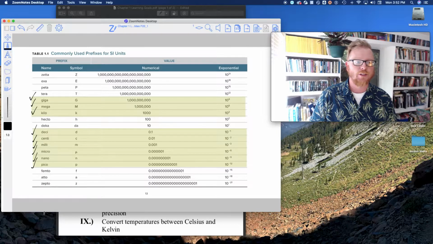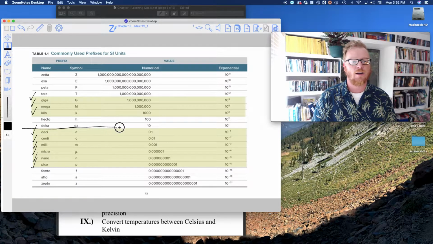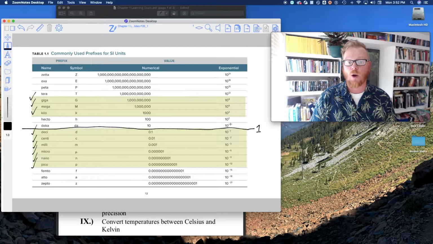So for example, I'll draw a line right through here. Really what this line is referring to, I'll call it the 1 line. Because if you notice, 10 raised to the power 1 is 10. 10 raised to the power 2 is 100.